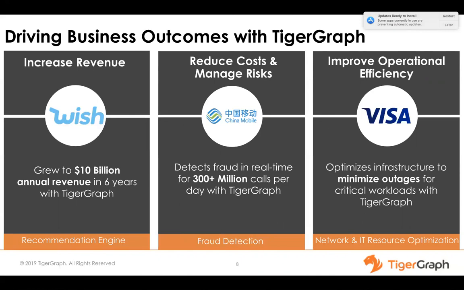Many Fortune 500 companies have achieved dramatic business outcome from the real deep link analytics from TigerGraph. The ROI, return on investment, for these companies using TigerGraph has been tremendous. And today, we're going to talk about a solution case which Visa has chosen to adapt to their internal IT organizations to optimize infrastructure, minimize outages for critical workloads.